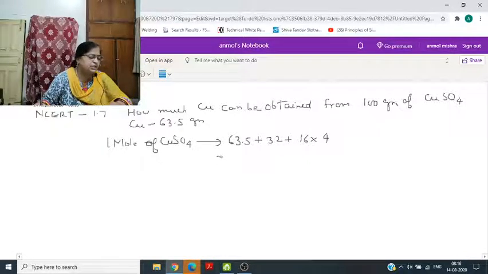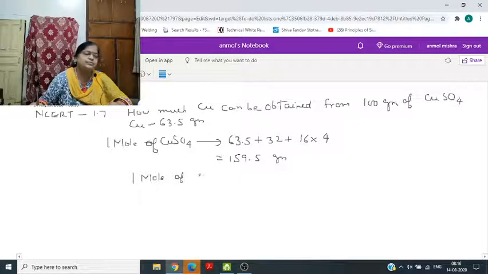So that is equal to 159.5 grams. And 1 mole of copper is 63.5 grams.